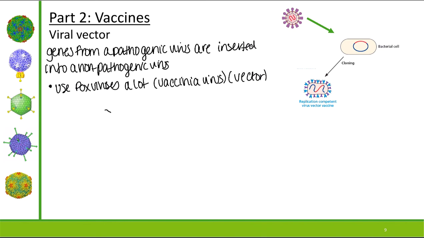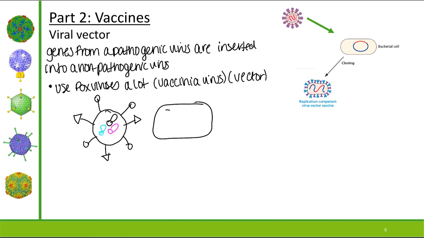So let's draw a picture here to illustrate that. Let's say we've got a virion here. This will be our pathogenic virus, and we'll draw a couple of different colors here of a segmented genome. And then here is our vector virus, which is a pox virus and has that really weird wonky shape.